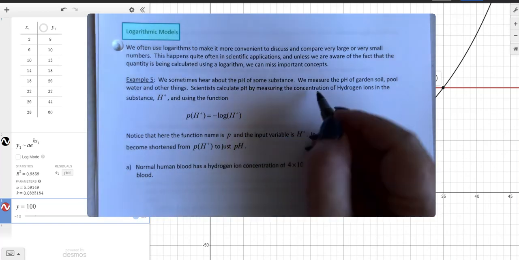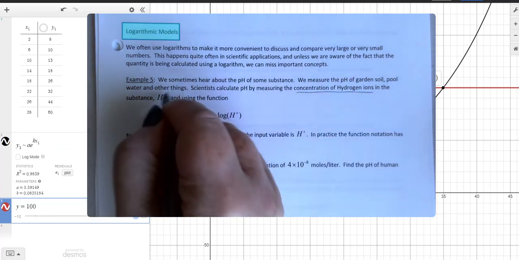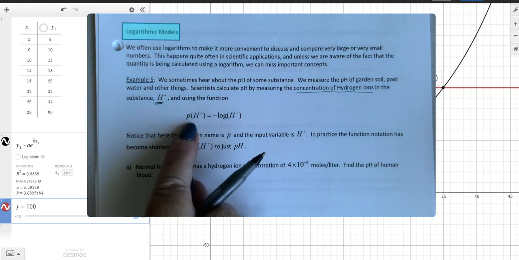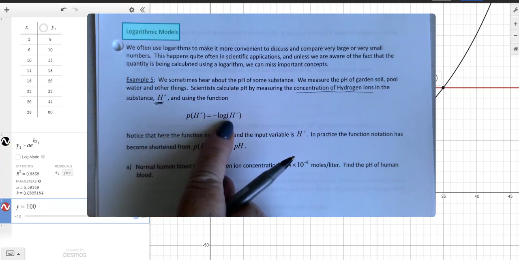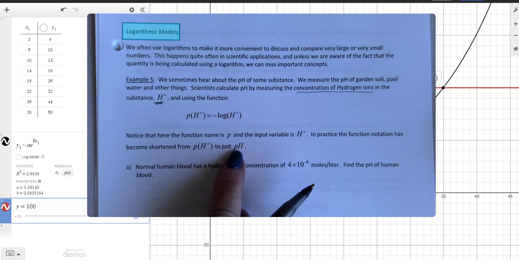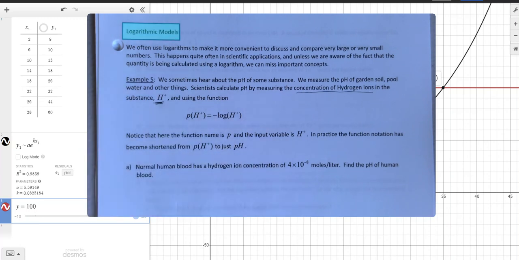The notation there is that little H+. And then they calculate the pH, P of H+, as minus the common log of the H+ value. That's actually where pH comes from. P is a function of H+, but it's typically just shortened to pH in real life.